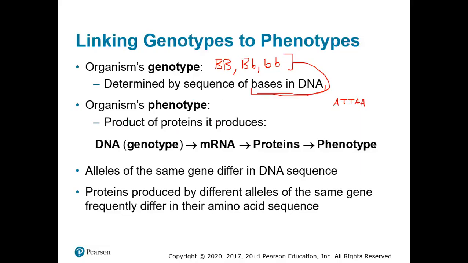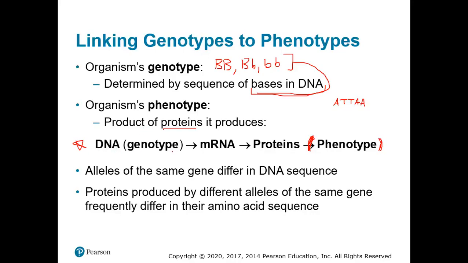And then phenotype is the organism's physical appearance. Blue eyes versus brown, whatever. But this phenotype is usually a direct product of what proteins are produced. So I like to modify this flowchart because I don't think this should be an arrow here. I think it should just be a little parentheses, so we're going to change that. Now we've updated our central dogma.